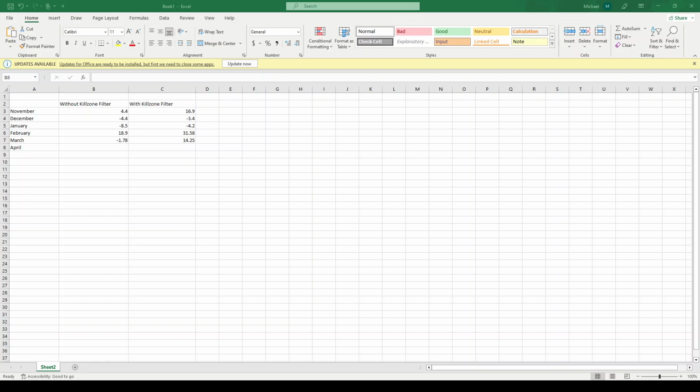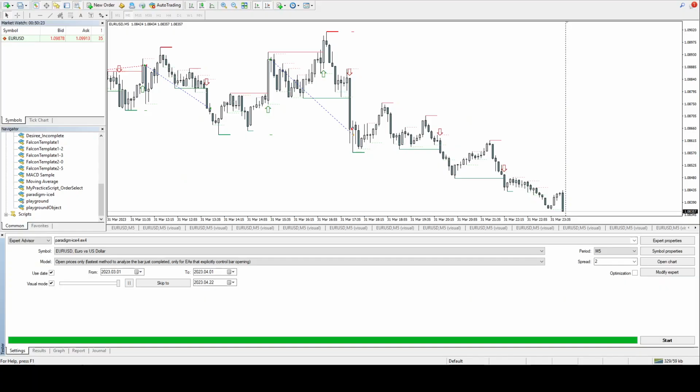I'm going to change this to 1st of April, that's 1st of this month, till May. Obviously this month has not ended, but let's see what it would have made for this month so far, right? So I'm going to change this back.